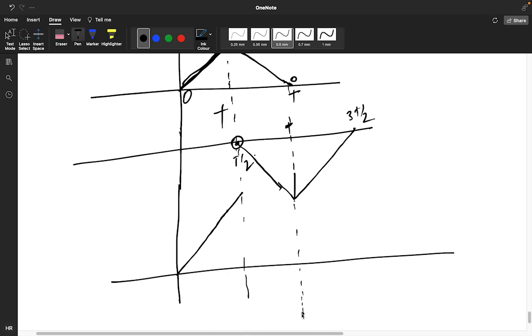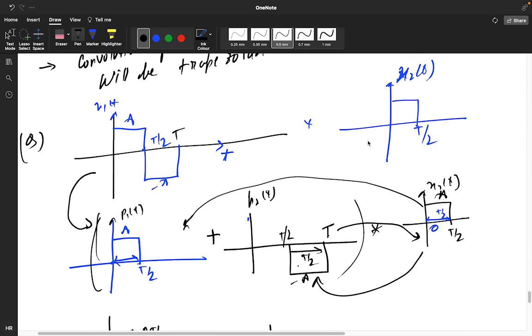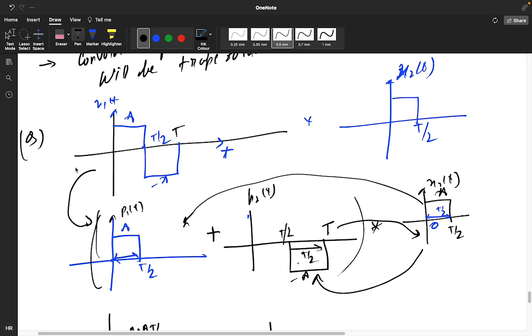The addition of this particular and this particular will give you a curve like this. And this is 0 and this is this, so the same thing will come at 3t by 2. This point will be a square t by 2 and this point will be minus a square t by 2.